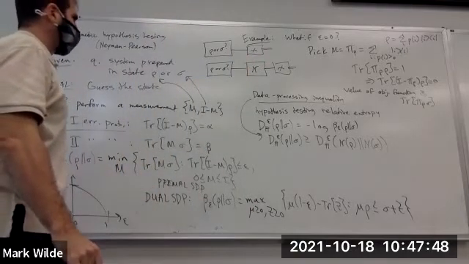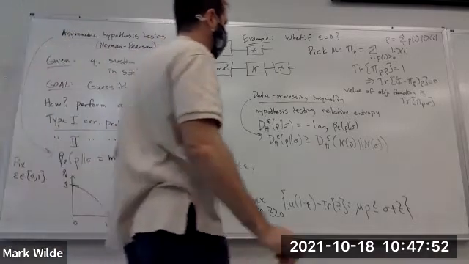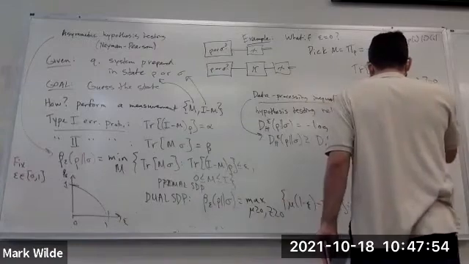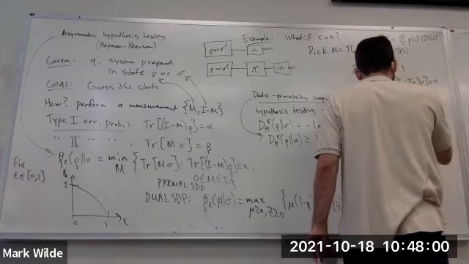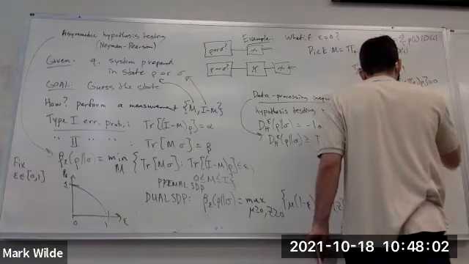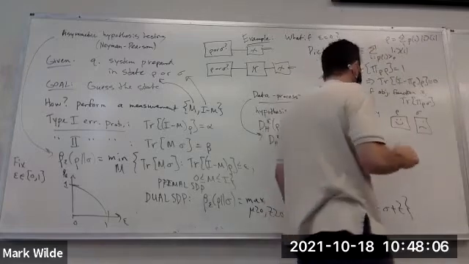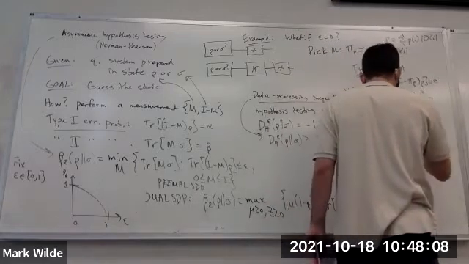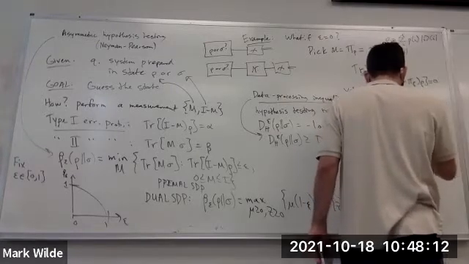There's a funny picture in the Nielsen-Chuang book that explains data processing. It's like, this is rho and this is sigma. It's just kind of figurative. A channel could be, again figuratively, like you just cut out the bottom part.